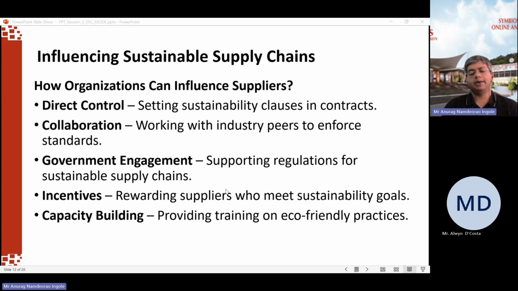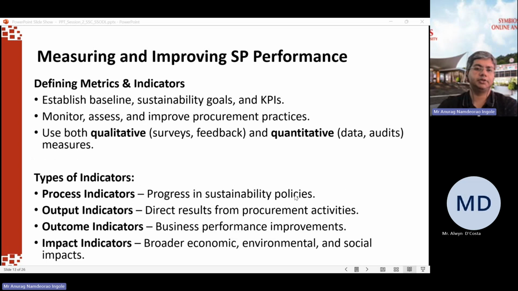As the driver of the supply chain, you have to enable them. You have to provide training, you have to provide them resources, you have to collaborate with them, you have to work with them as partners so that they can also transform their operations or their procurement into a sustainable one. So these are some ways you can influence sustainable supply chains.